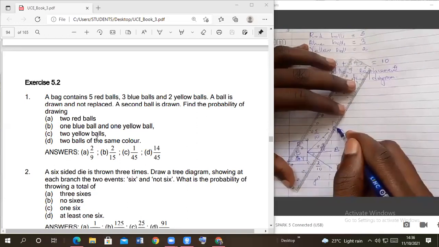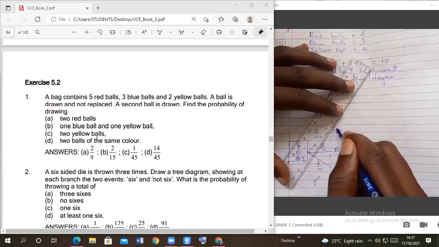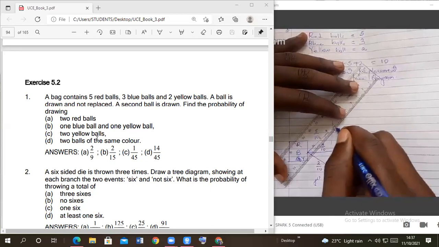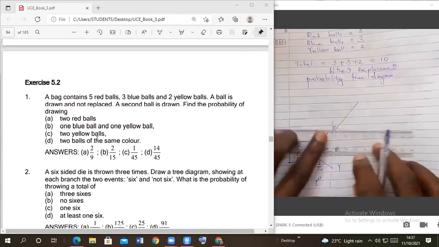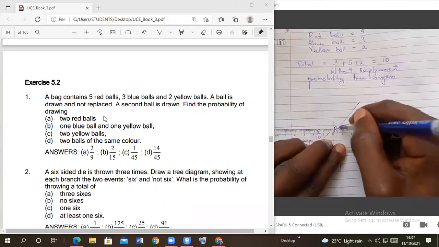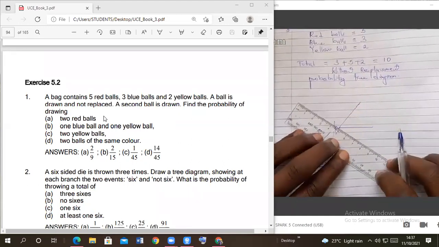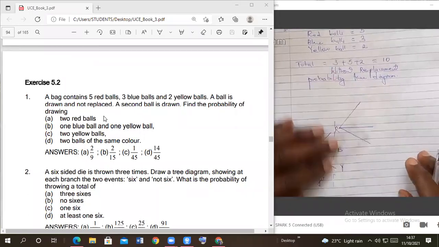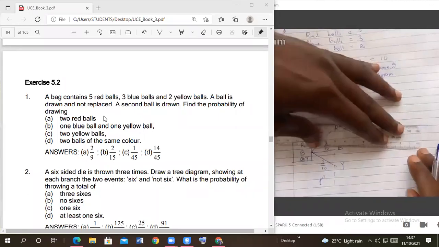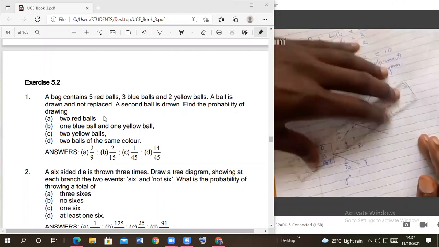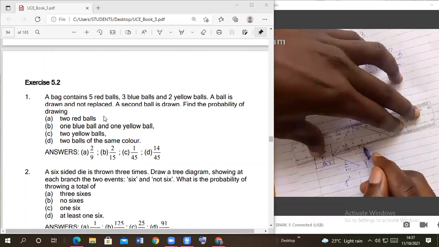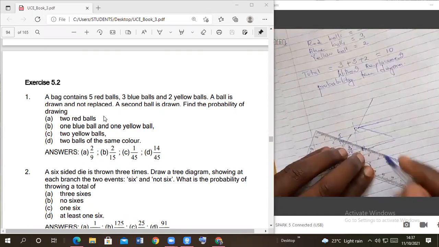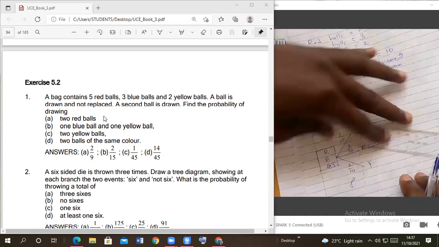Now you go for the second picking. You pick for each branch. For each branch, like that. Let me create 3 here.